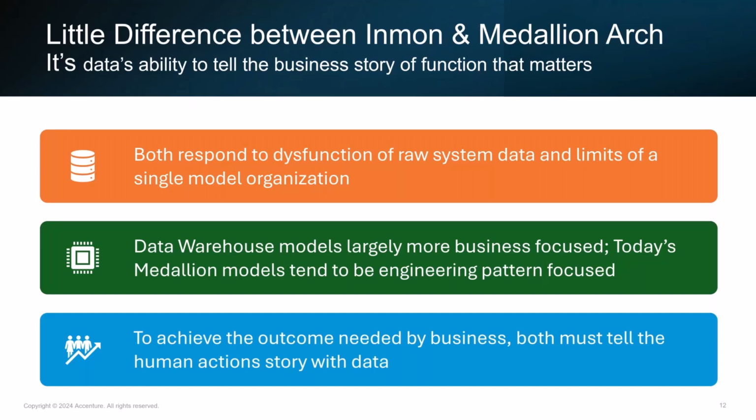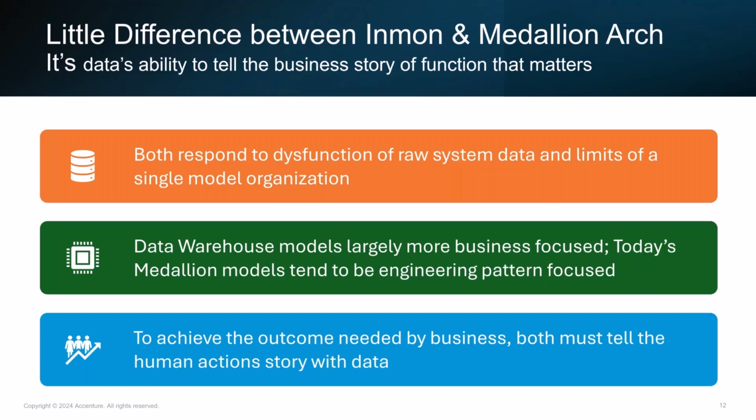They're built for the same reasons, because of the limitations of model forms and data organizations, and the need to apply multiple forms in order to address complex business needs. And they both need to tell the same human action story to accomplish that, right?